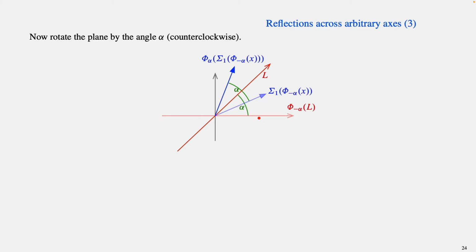So this axis is rotated back onto the original L. And now the reflected vector, phi index minus alpha applied to x, and to this we apply the reflection sigma 1 across the first coordinate axis. We also rotate this by alpha, and then what we get is actually the reflection of the original vector x across the axis L. And this is of course the vector phi alpha applied to sigma 1 applied to phi minus alpha applied to x.